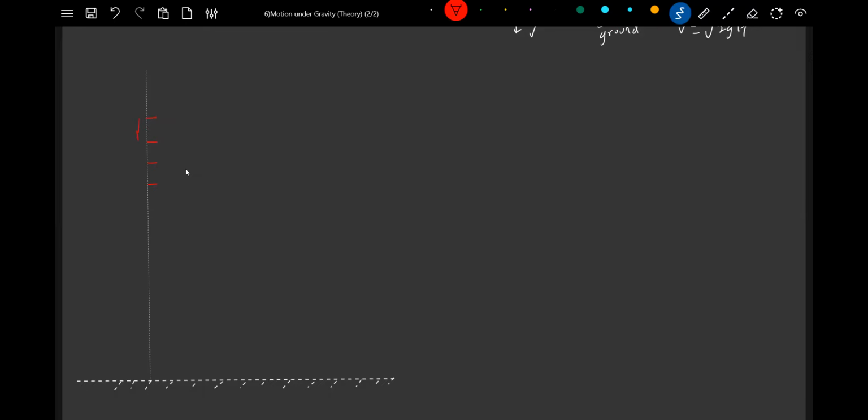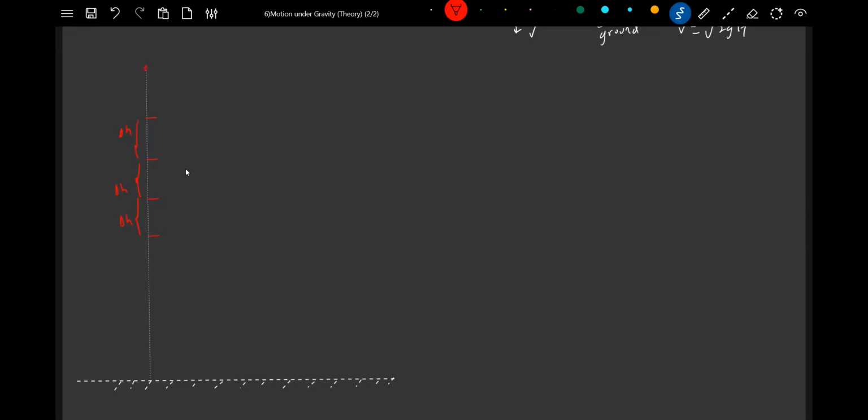These are the equal displacements, delta S, or I'll increase the size. Delta H will take it. So what about the time intervals to descend this particular one?